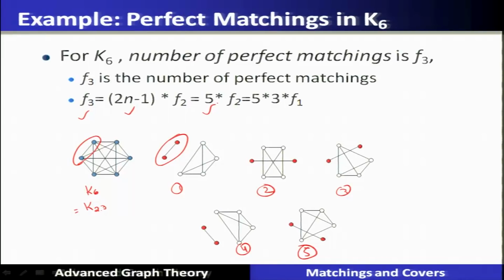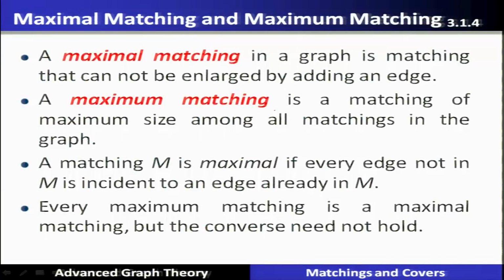Having selected one of them, we have to find the perfect matching in the remaining portion of the graph, which is nothing but f 2. That means 2 more pairings, and we run again on that resulting graph. Hence, we get 5 times 3 times f 1 different possible perfect matchings.